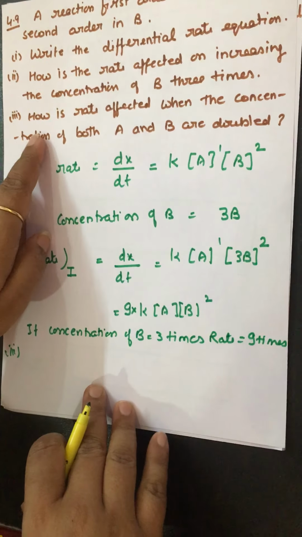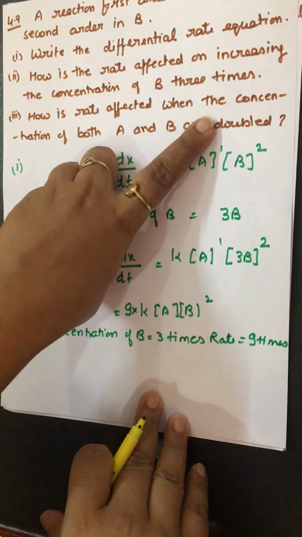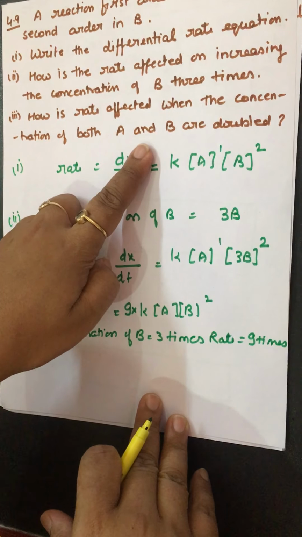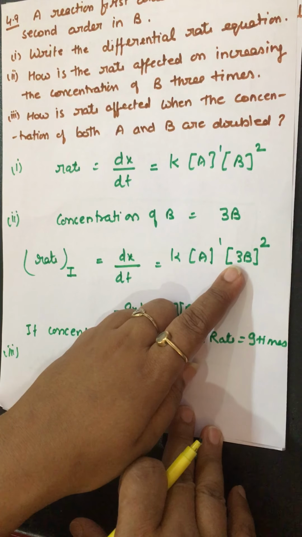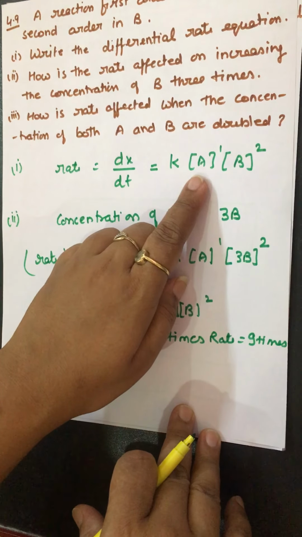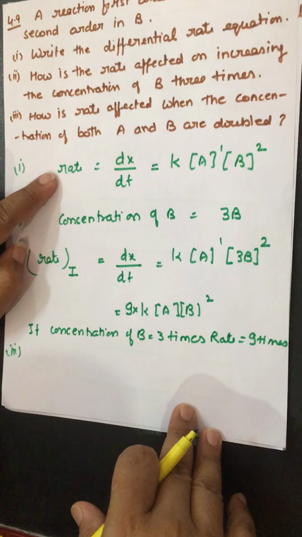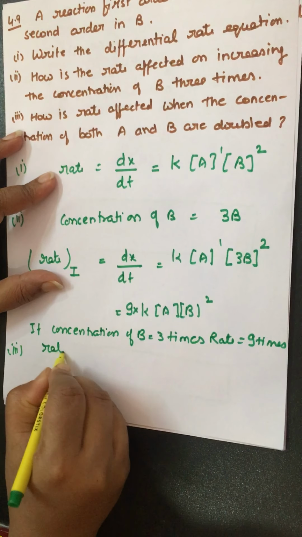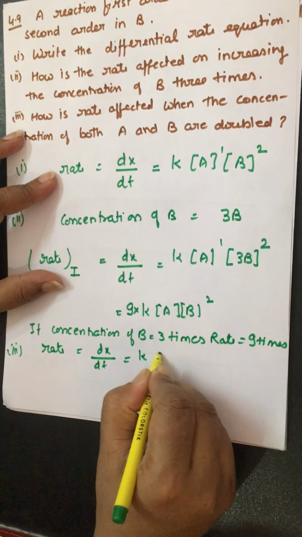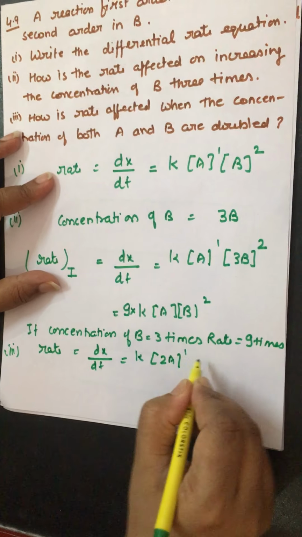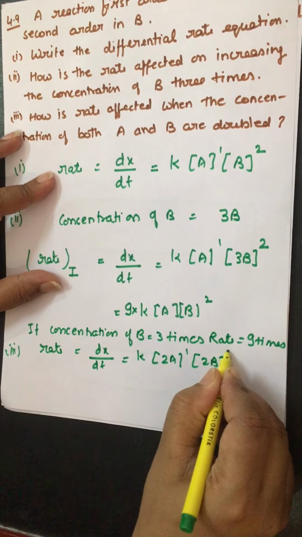In the third part what it said: how is the rate affected when the concentration of both A and B are doubled. Now A becomes 2A and B becomes 2B. Okay. Now we will put 2A and 2B in the rate equation. Rate equals dx over dt equals k 2A to the power 1 and 2B to the power 2.